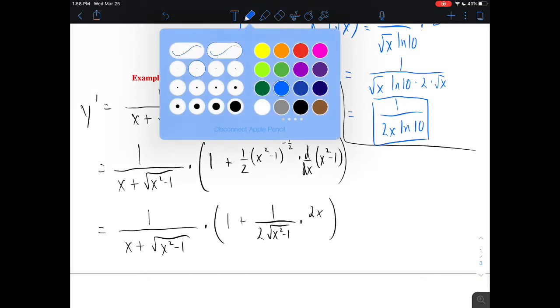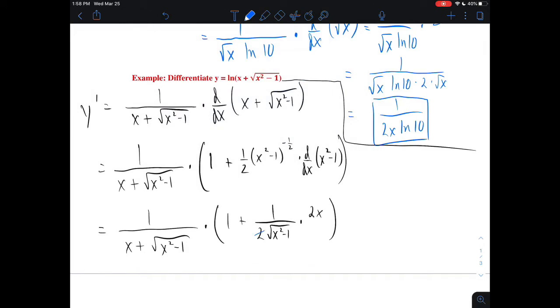Here we can see that we'll have a 2 in the denominator that will cancel with the 2 in the numerator. So this turns into 1 over x plus the square root of x squared minus 1 times parentheses 1 plus x over the square root of x squared minus 1.